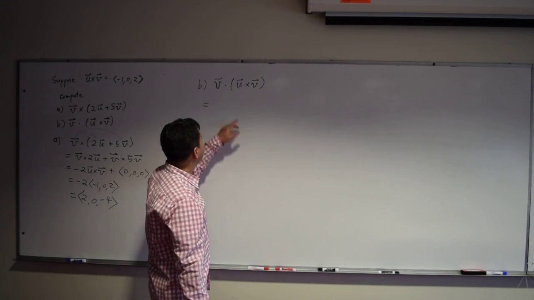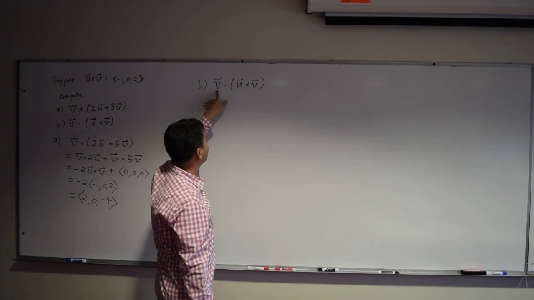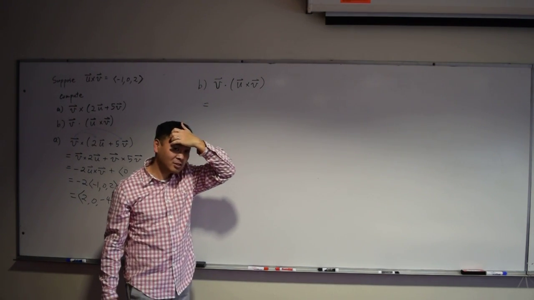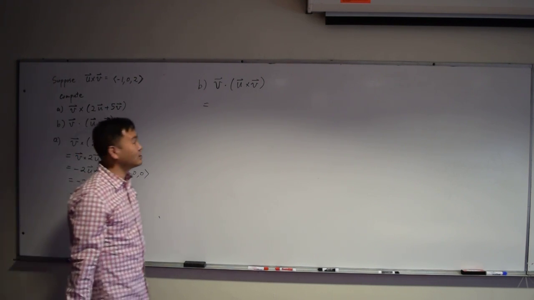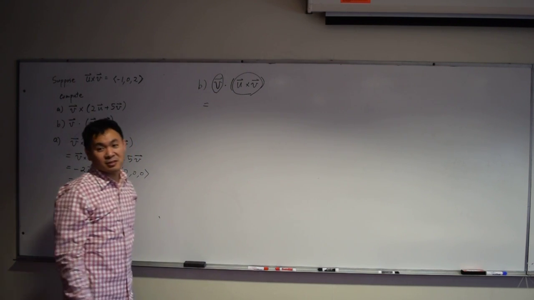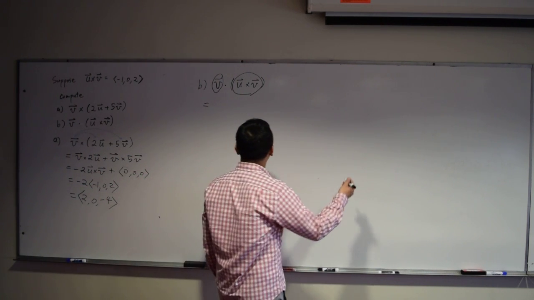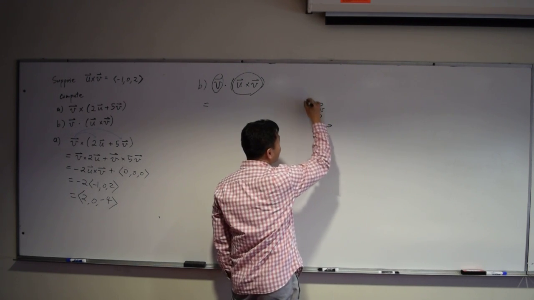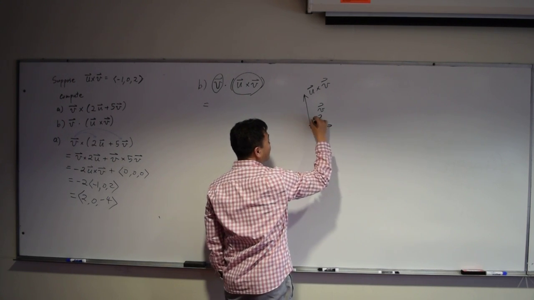Let's see. u cross v with v. What's the angle between this and this? Amazingly, we know that answer. By definition, u cross v gives you a vector that's perpendicular to both of them, right?